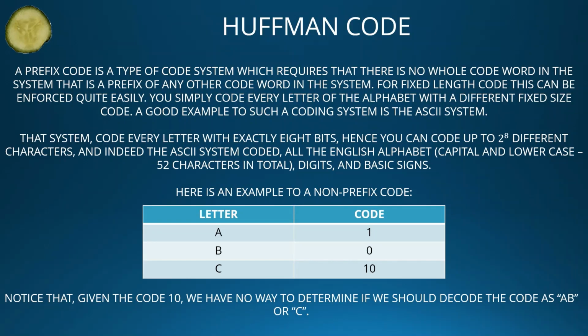A prefix code is a type of code system which requires that no whole code word in the system is a prefix of any other code word in the system. For fixed length code, this can be enforced easily. You simply code every letter of the alphabet with a different fixed size code.